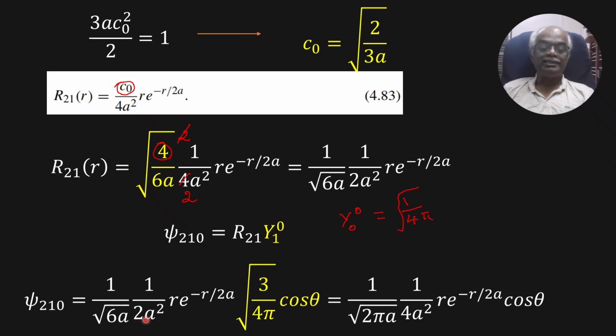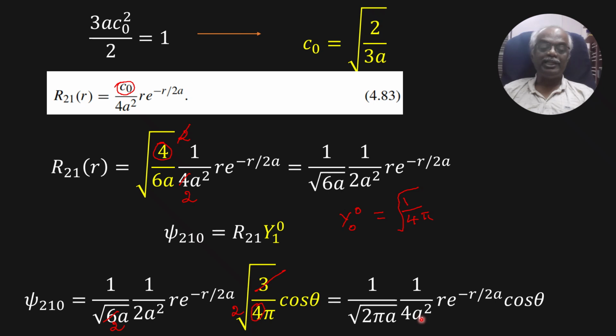So now here you can simplify to some extent. You can cancel this square root of 3 with the 6, which will become 2. And you can take this 4 outside, it will become 2. 1 over 2, so already there is 2 here, 2 into 2, 4.